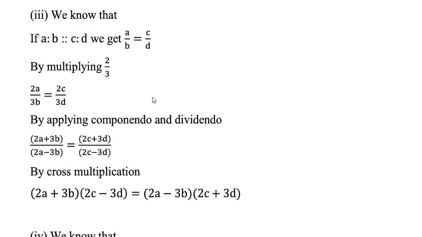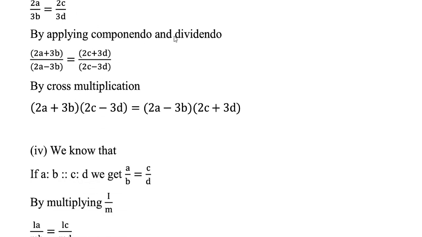Again, a is to b as c is to d. So we can write a by b is equal to c by d after multiplying by 2 by 3. So 2a divided by 3b is equal to 2c by 3d.